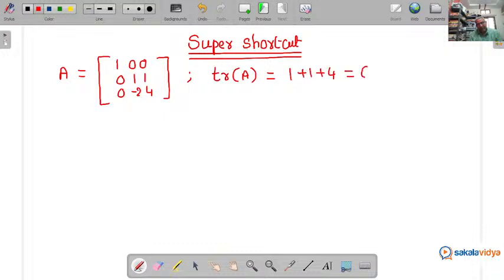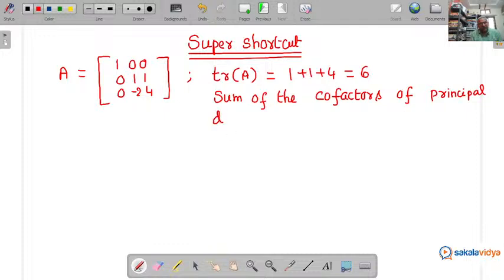So that is 6. Next, find the sum of the cofactors of the principal diagonal. The signs are plus, minus, plus.